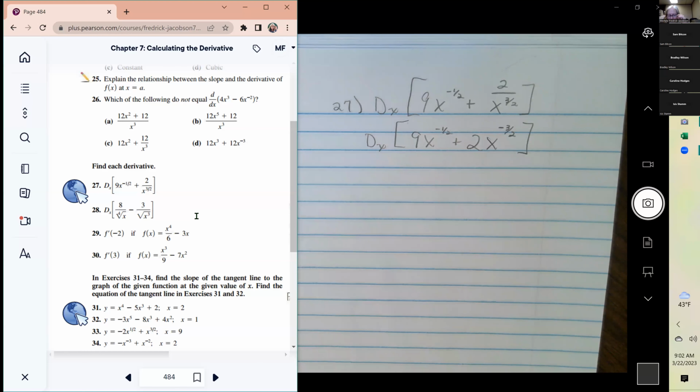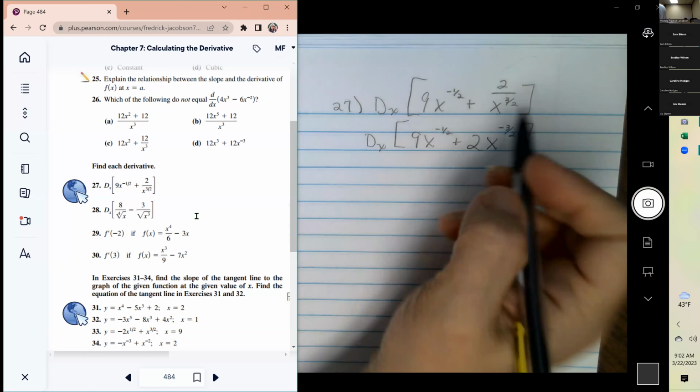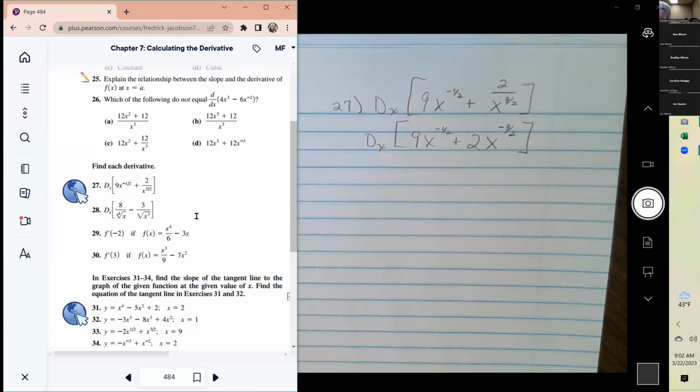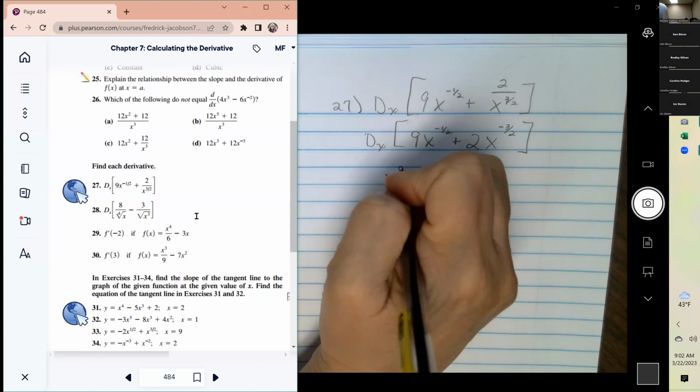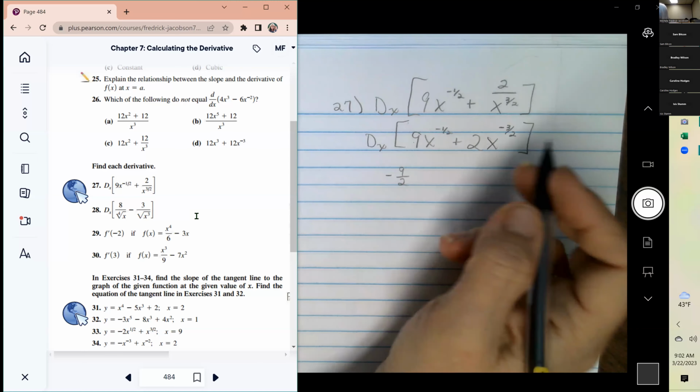Go ahead and take the derivative. Remember, multiply and then subtract 1. So when we multiply, you could write the decimal. 9 times a negative 1/2 is a negative 9/2, or 4.5 x.